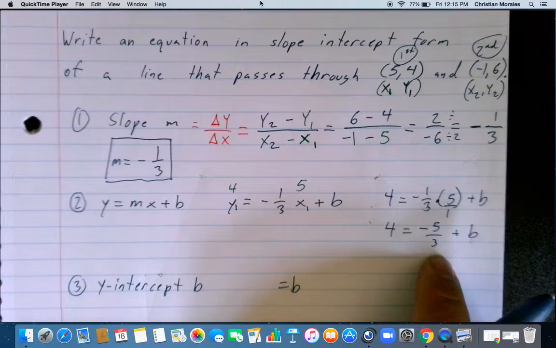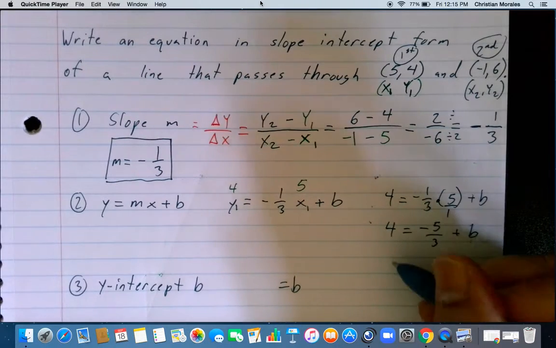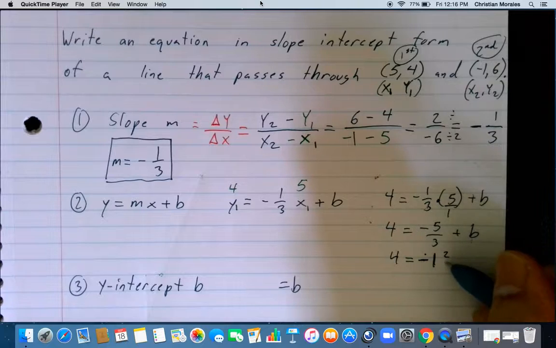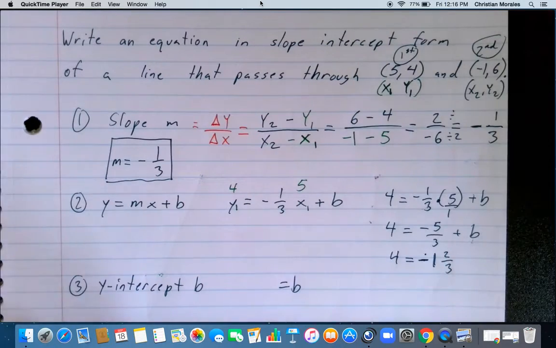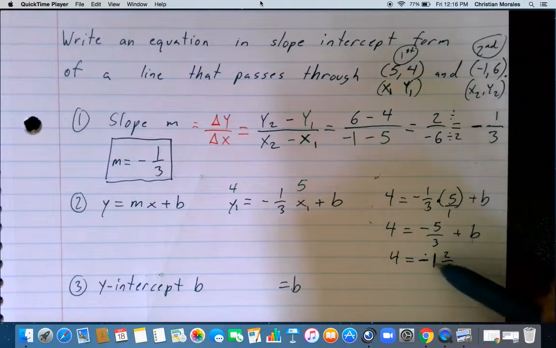You know what? I'm going to change this into an improper fraction. So I'm going to change it to negative 1 2/3. So if you're not sure what I did, if you go to Desmos, take 5 divided by 3, and you get 1.66666, or as a fraction, negative 1 2/3.